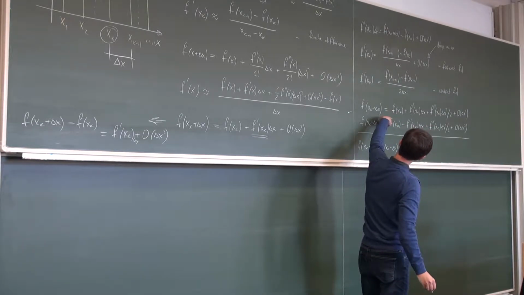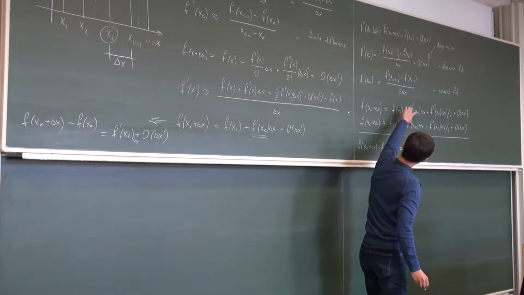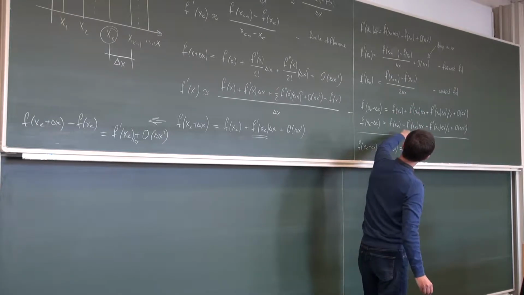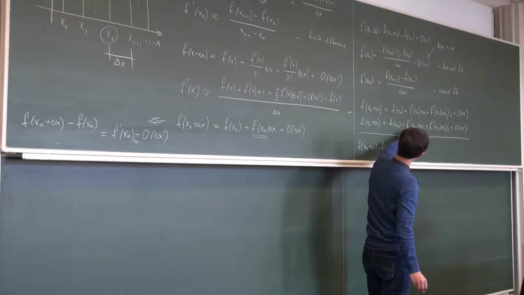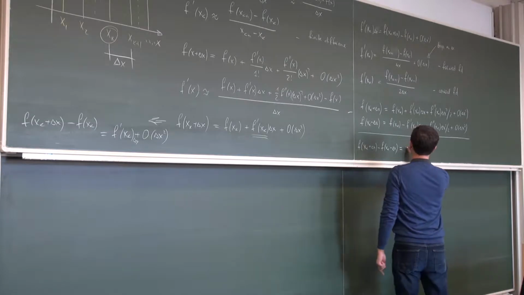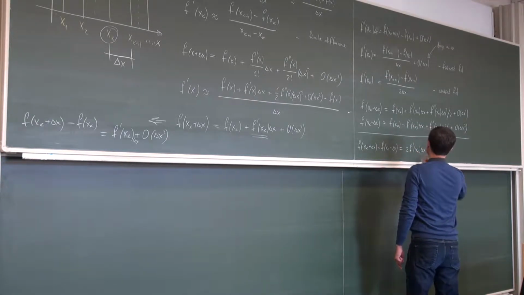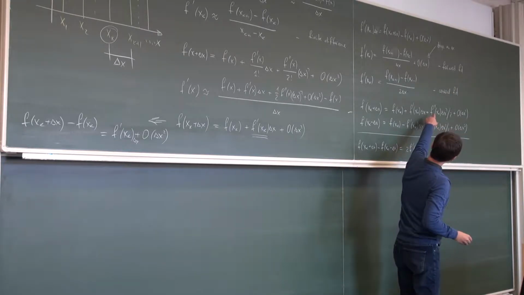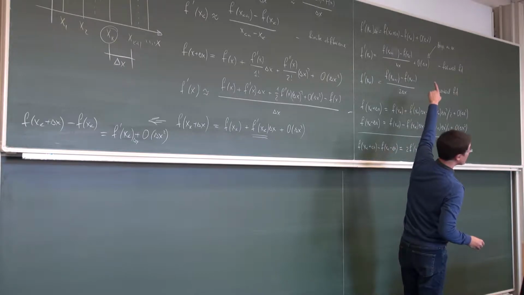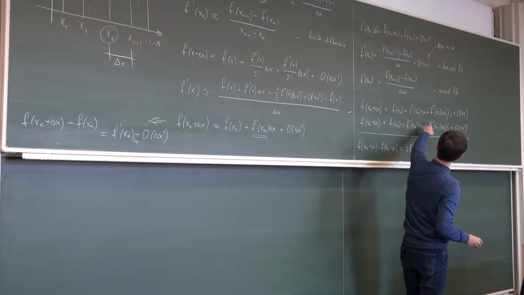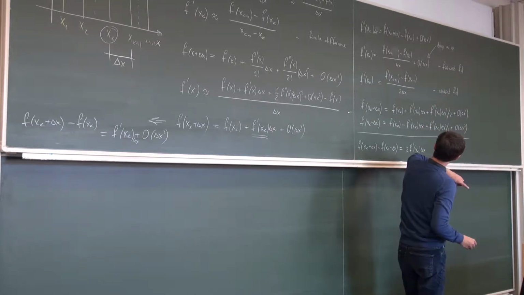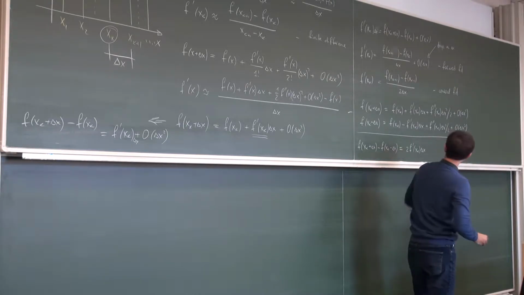This will cancel. This will acquire a coefficient of 2, so this minus this, so twice that: 2 f prime xk delta x. This term of the order of delta x squared, which was dominating our error previously, will also cancel. They've got the same sign, and we will have something of the order of delta x cubed.